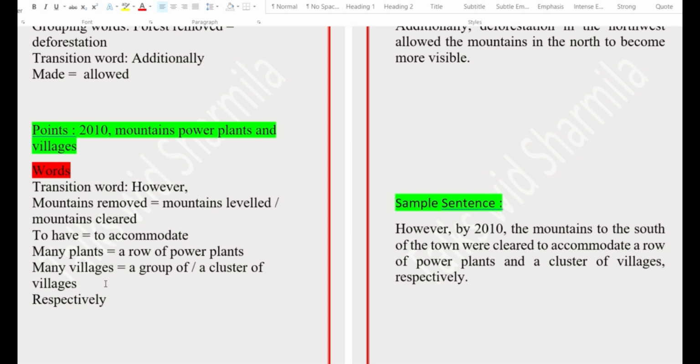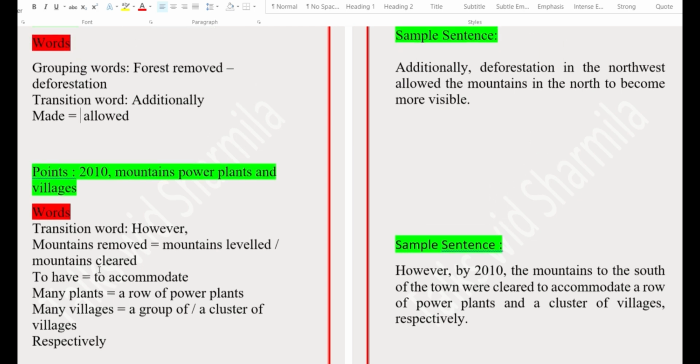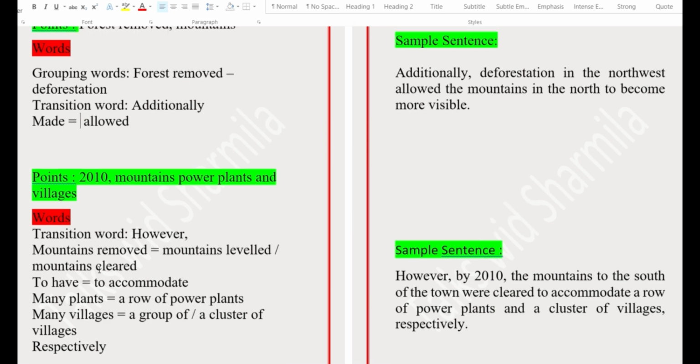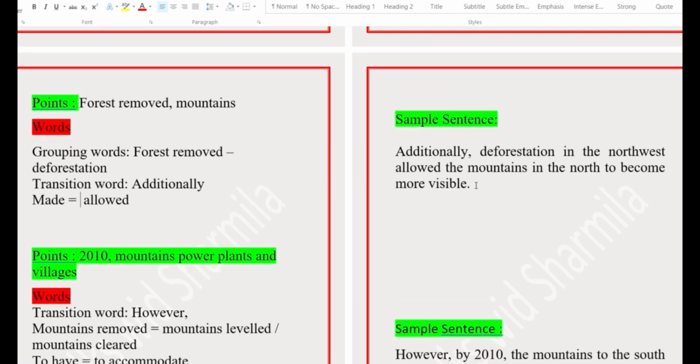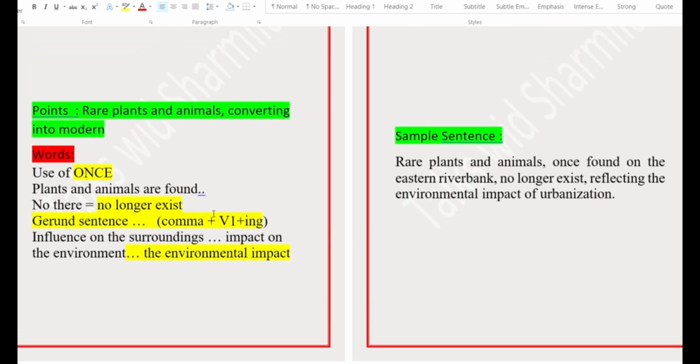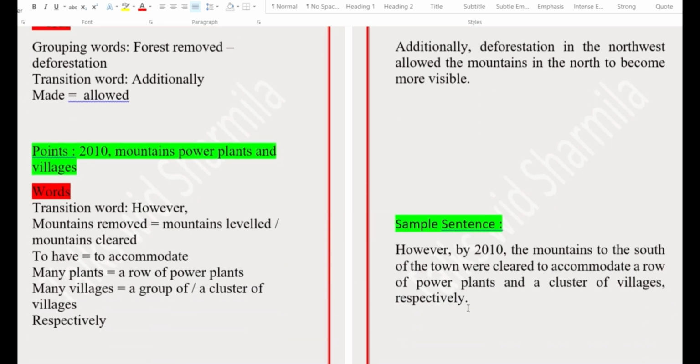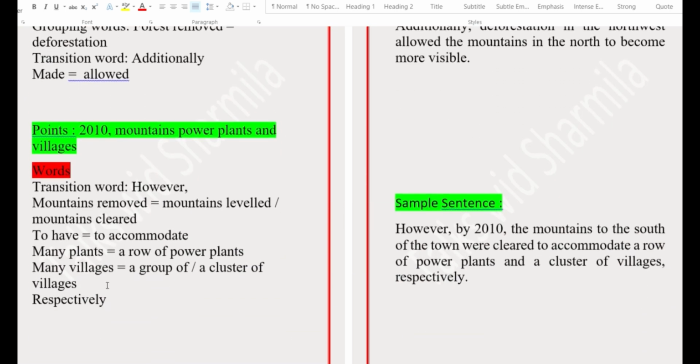And because we are giving two pieces of information, we use the word "respectively." So here is the sentence. See the sentence construction again. "However" here means apart from this. "However" does not always mean a contradicting word. It is also considered as "apart from."